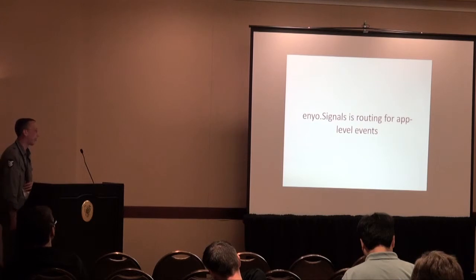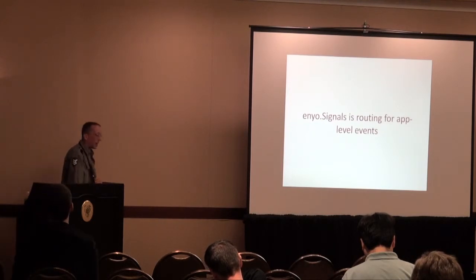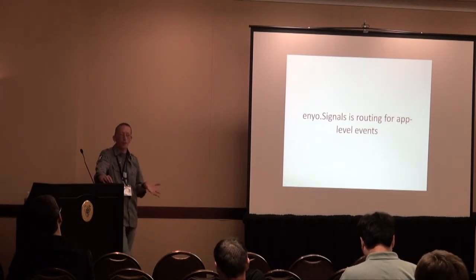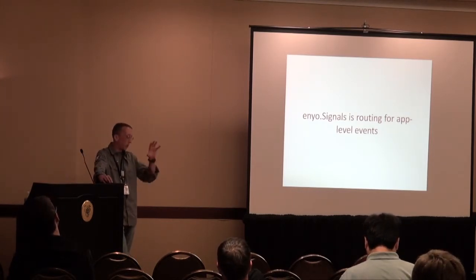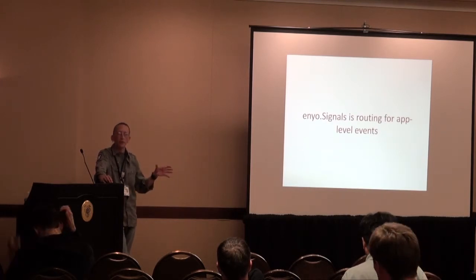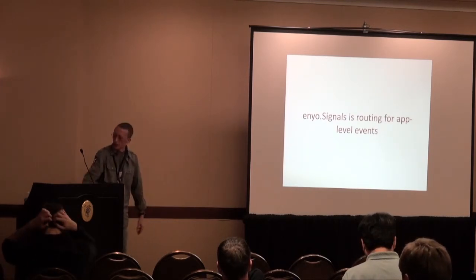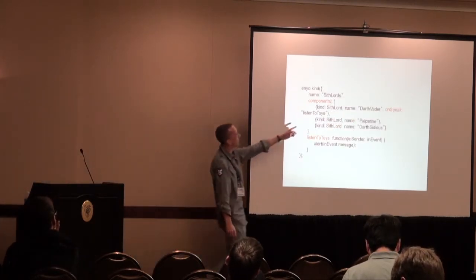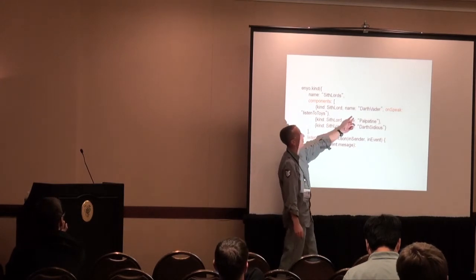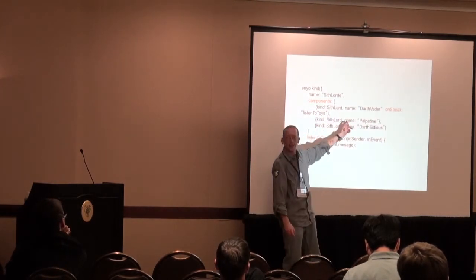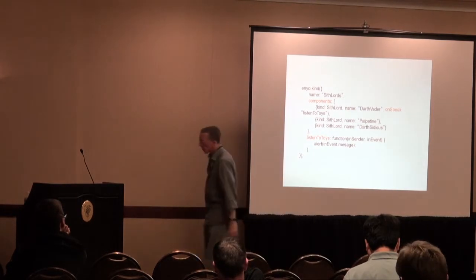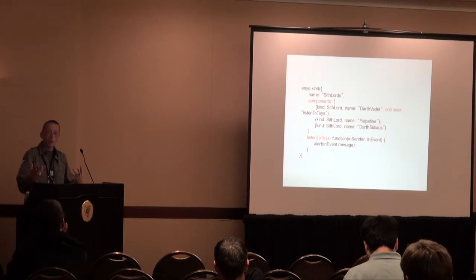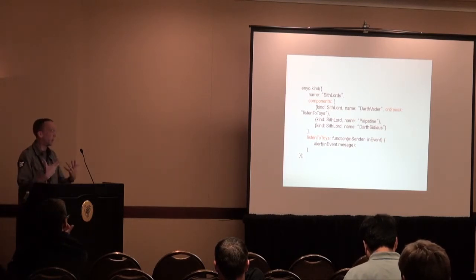So enyo.Signals, if you need to listen to app-wide events or things that aren't attached to the DOM nodes, whatever component you want to do that in, you include this enyo.Signals kind, and just like the example here, I would have kind enyo.Signals, and whatever events I wanted to listen for, and I could have multiple ones, right, separated by commas. Okay, and anytime that event fires, any components that have enyo.Signals listening for it will run their handlers.